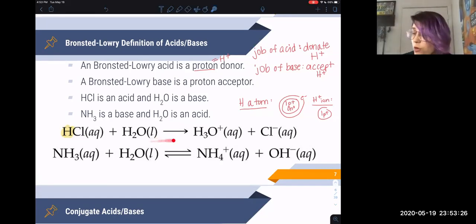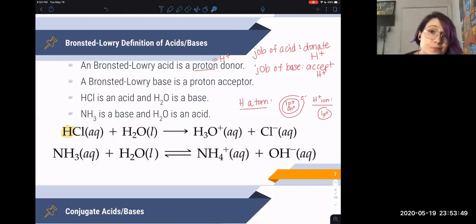It went with the water. Do you see how H2O became H3O+? So that means water gained a hydrogen. That means water is acting as an acid or a base? If water is gaining a hydrogen, is that the job of an acid or a base? So water is acting as a base here.